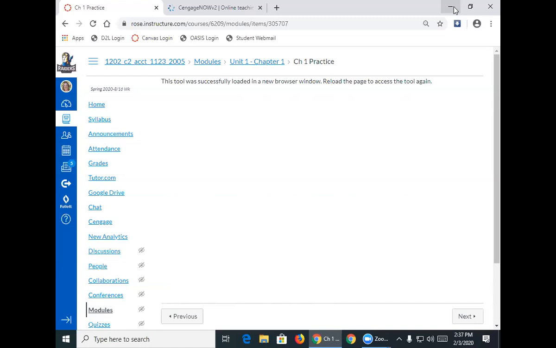Almost. Okay, what accounts show up on the income statement? Or what does the income statement do? Fees earned and expenses. Yeah, revenues and expenses. Okay, more specifically fees earned.